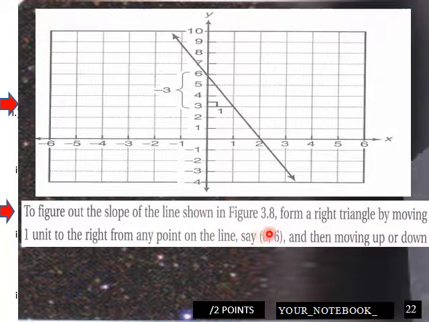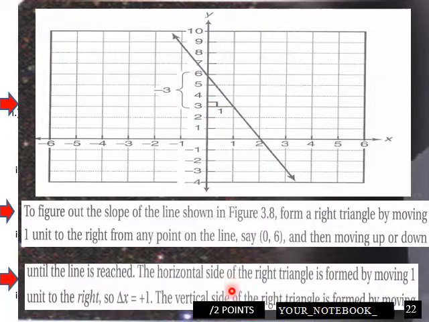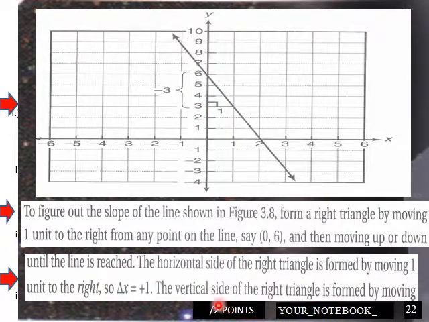To figure out the slope of the line in this figure, you're going down 3 and over 1, a negative slope. So it's -3 over 1, so you've got a slope of -3.